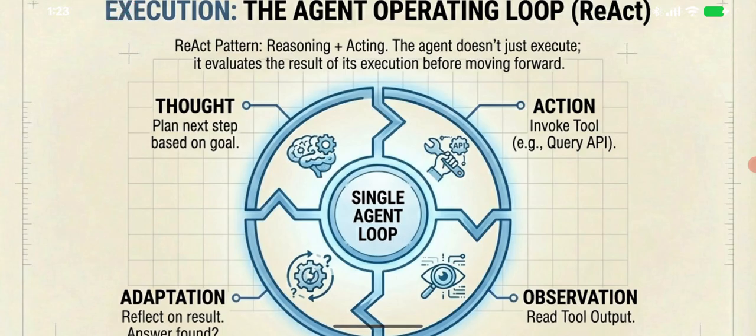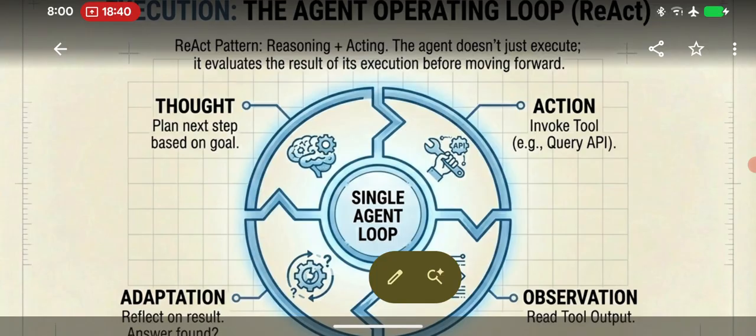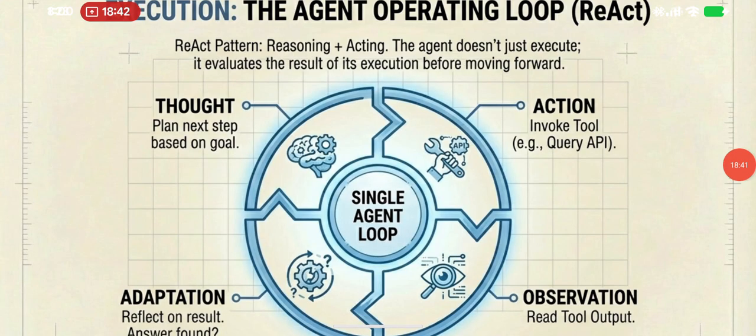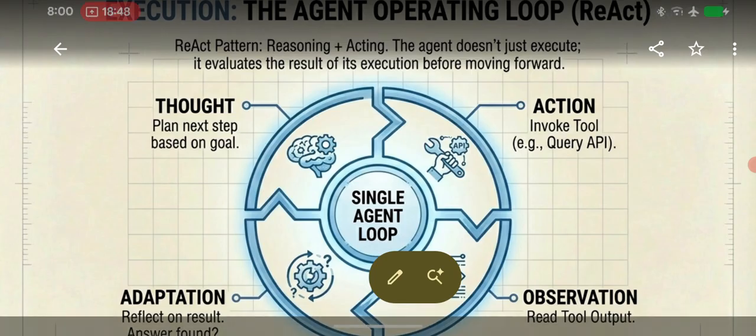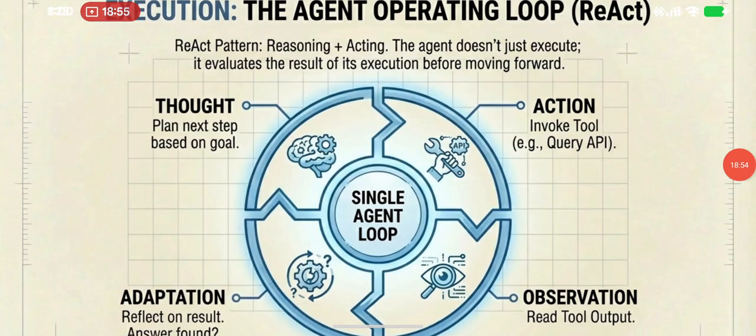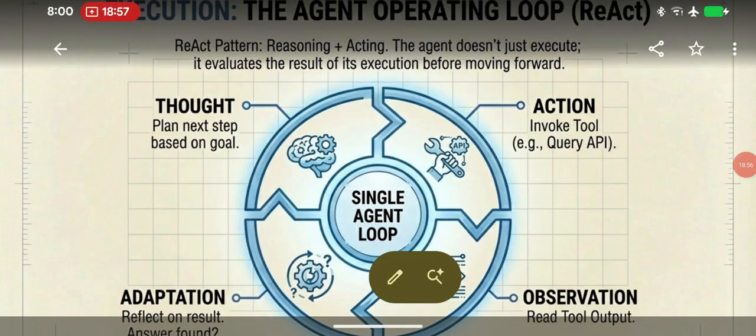So what does a reason and act agent do? Whenever it gets any input, it will think about it, then plan the next step, and based on the steps required, it will take the actions. If there are multiple sub-tasks or sub-goals, it will take multiple actions and collect the information.